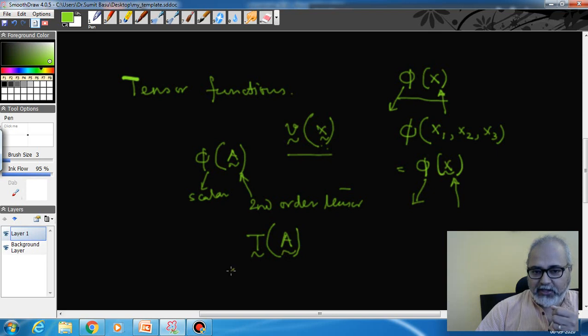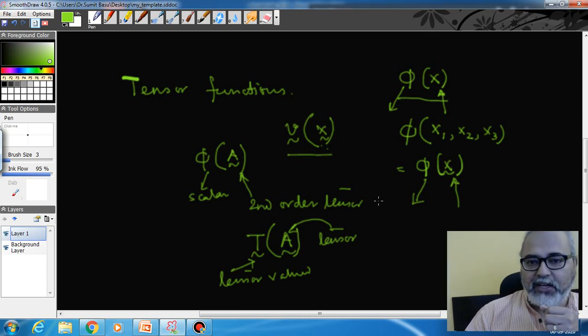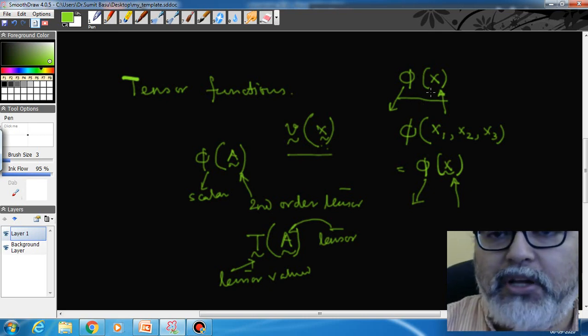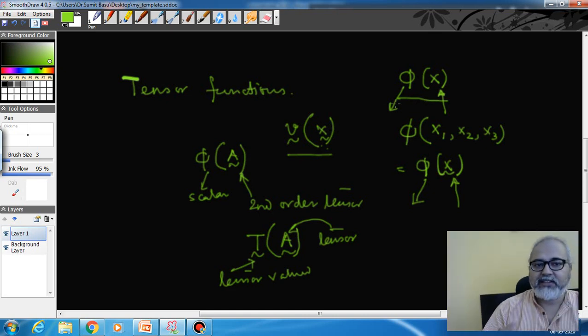So this is a tensor valued function of a second order tensor. Okay, so these are the many possibilities that we have when we expand the idea of a variable from a scalar to a tensor. So we can have various kinds of combinations. We can even have higher order tensor valued functions, which are functions of higher order tensors as well.